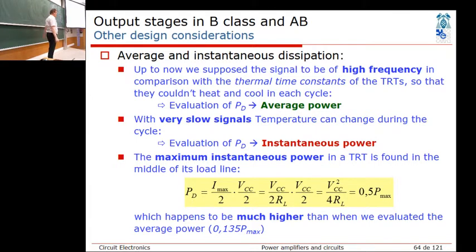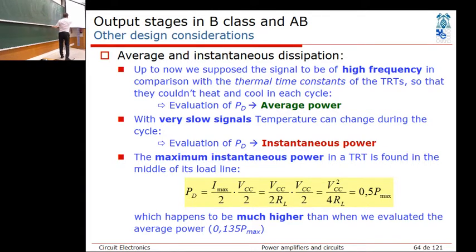So a 100 watts amplifier now requires 50 watts design for the transistor. Quite a big difference compared to 20 watts. With the sinusoidal, you are dissipating 20 watts on this kind of steady state. But here we are dissipating basically 50 watts. You need to take care of that one.